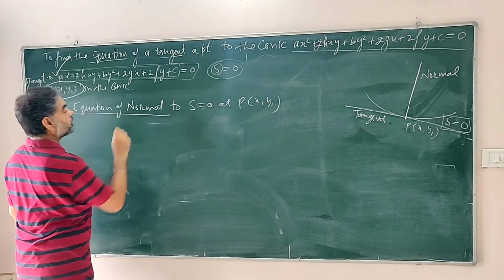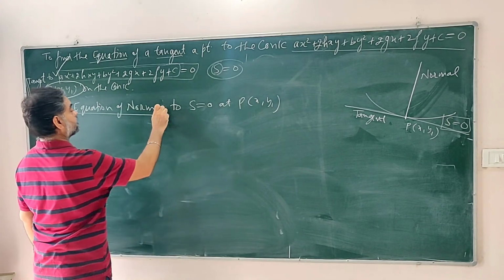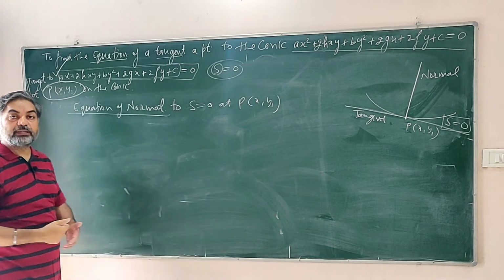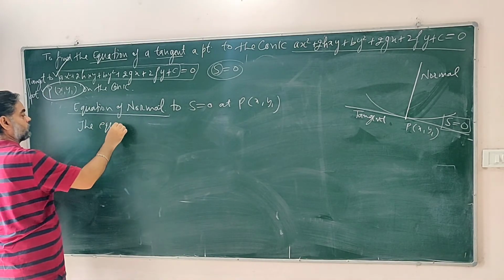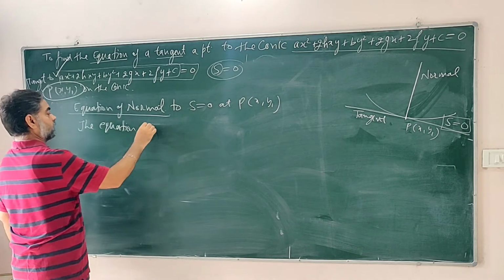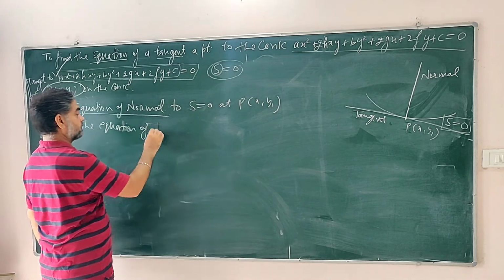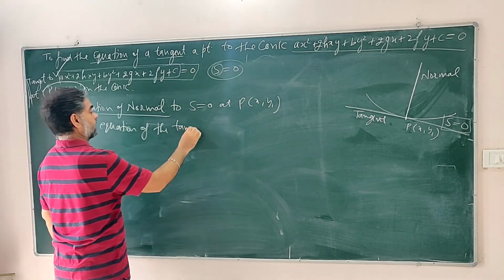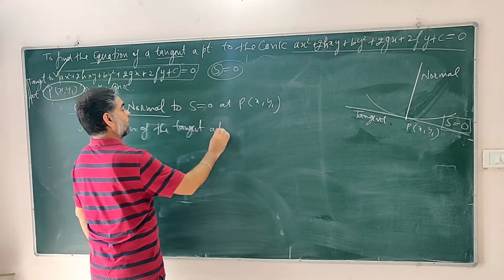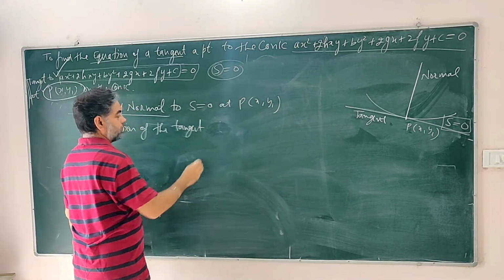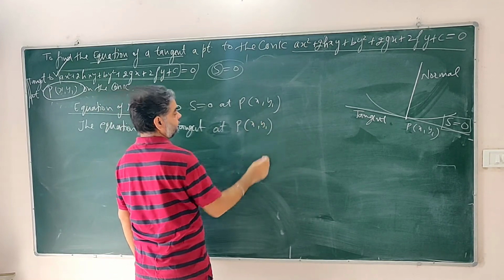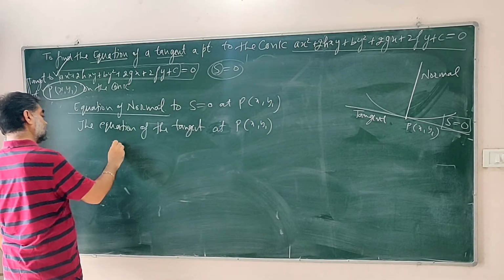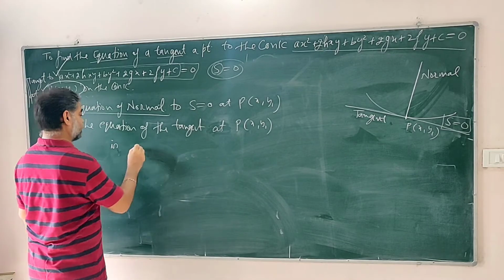To write the equation of the normal, first of all we write the equation of the tangent. The equation of the tangent at P(x1, y1) is T equal to 0.